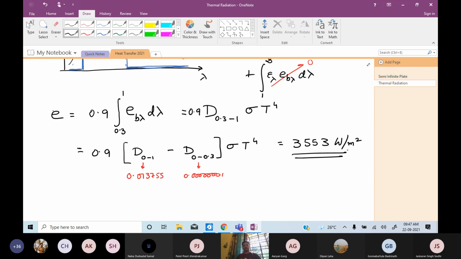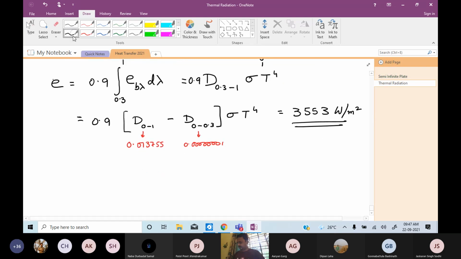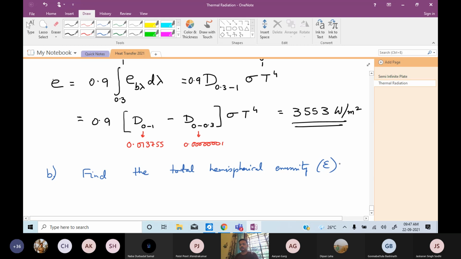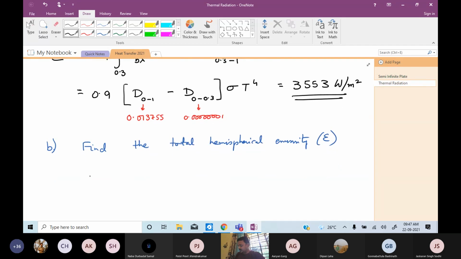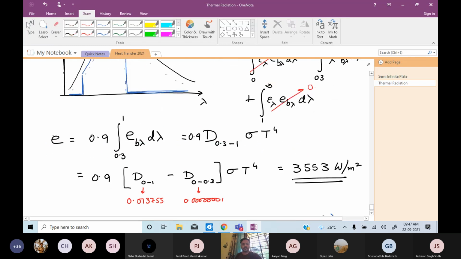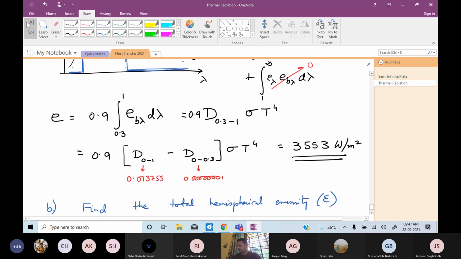Now add part B. Find the total hemispherical emissivity, epsilon. Let's do that. Epsilon is E by EB.